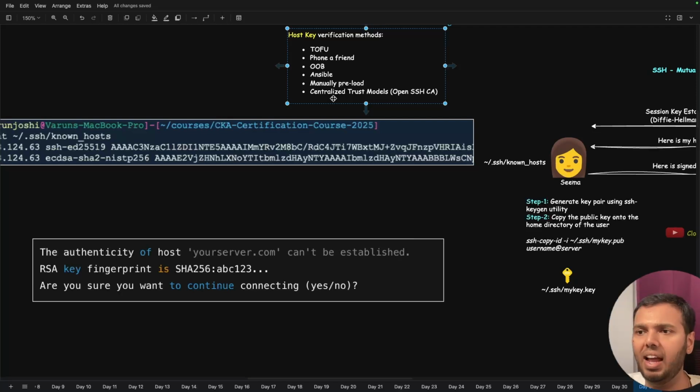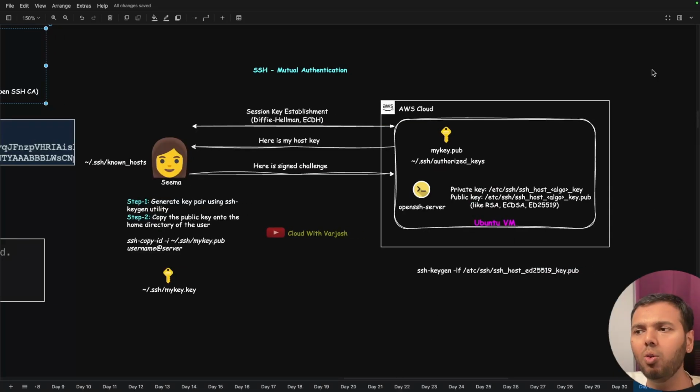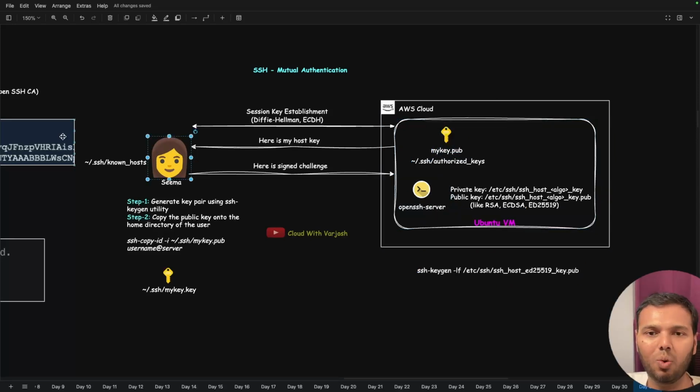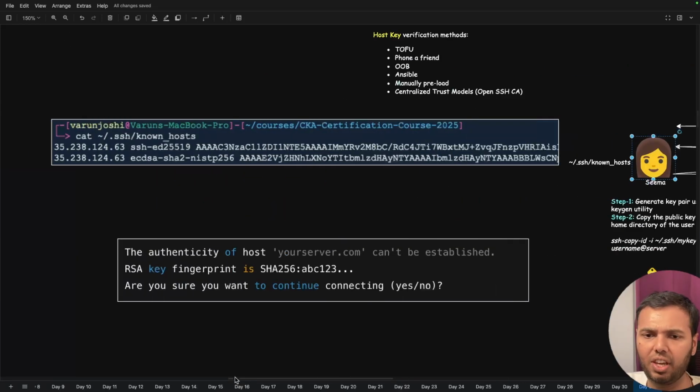I'll let you read about how this method works. So this is how the server proves its identity, and once that server is in Seema's known hosts file, any subsequent connections Seema makes to that server will not ask for verification.